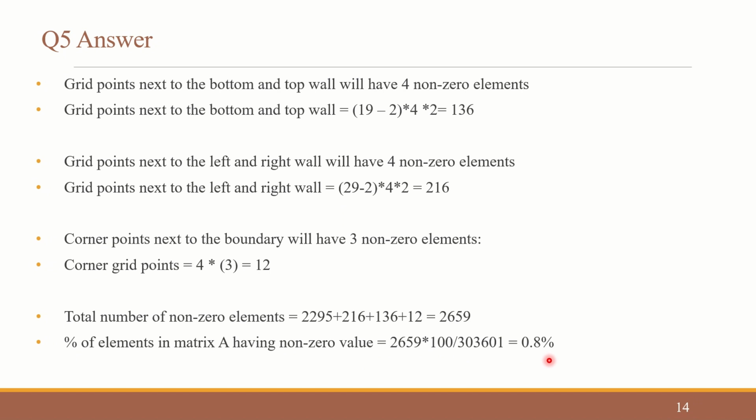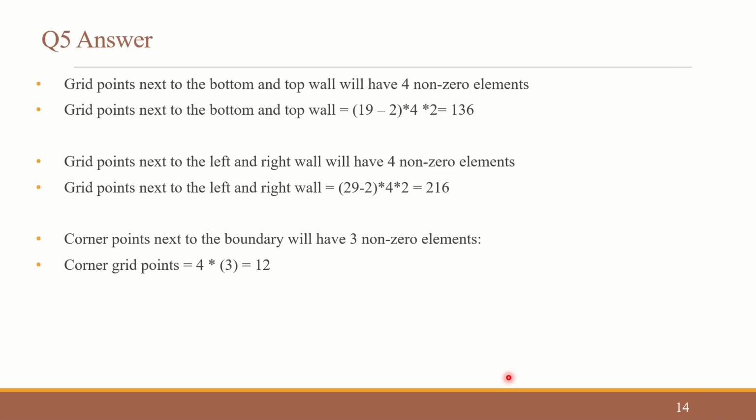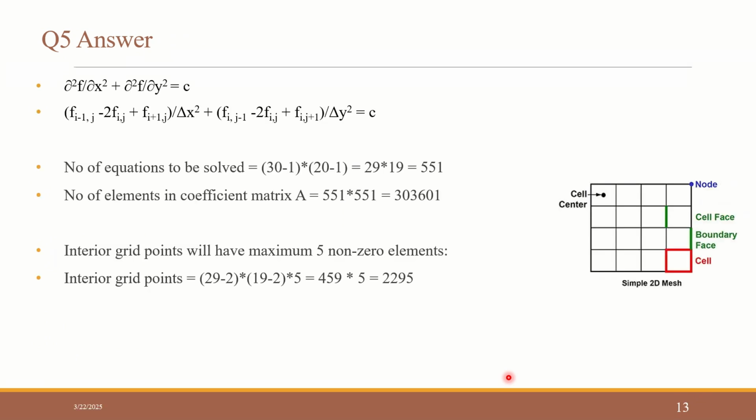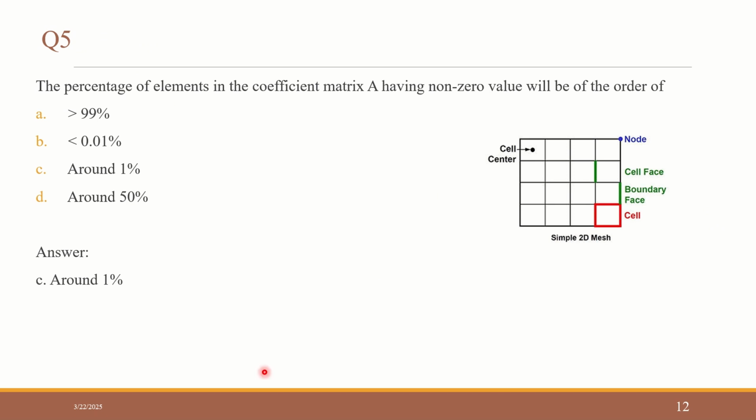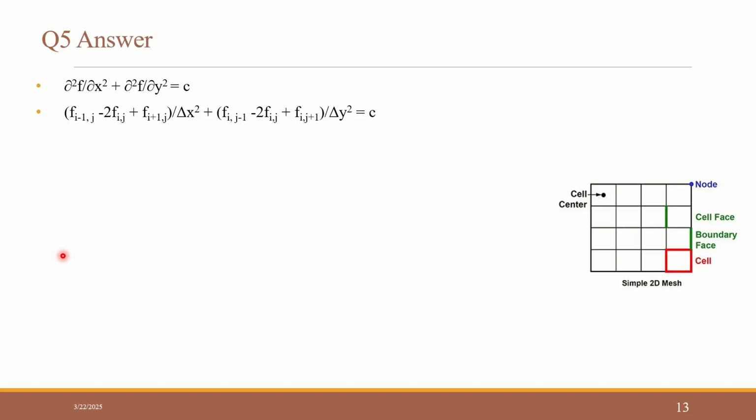So it is 0.8 percentage, around 1 percentage. Therefore the answer is around 1 percentage. Option C, around 1 percentage is the right answer. So I hope it is clear for you.